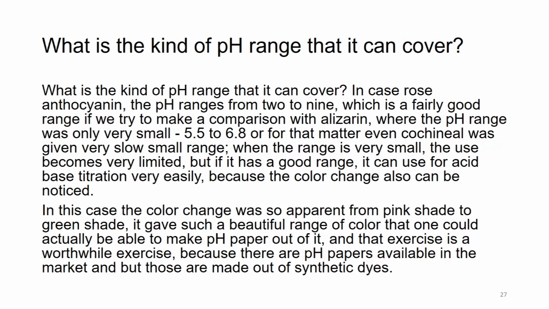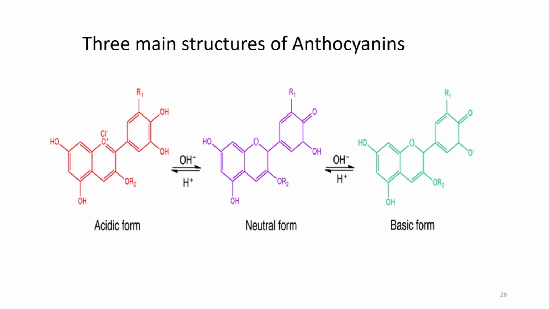And that exercise is worthwhile, because there are pH papers available in the market, but those are made from synthetic dyes. So, there is a good proposition that even litmus papers can be made now, replacing the synthetic dyes and using rose extract. The three main structures of the anthocyanins are like this.